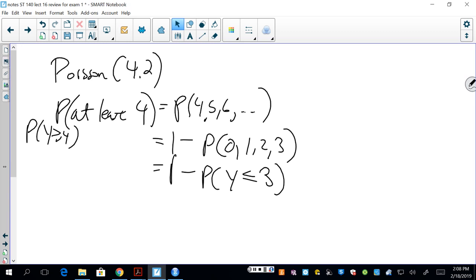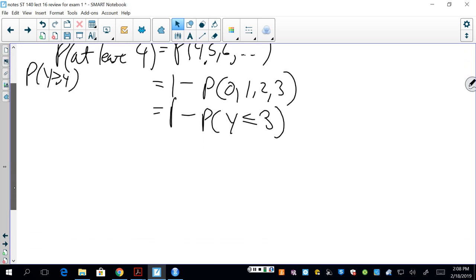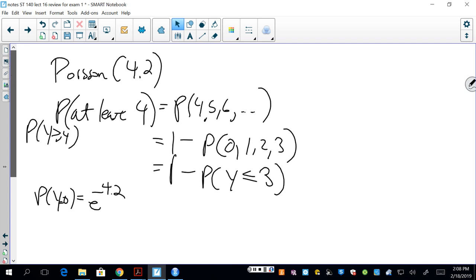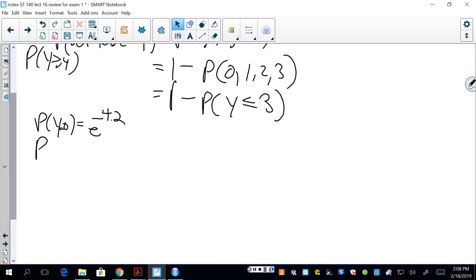So, in Poisson probabilities, I might not ask you that many, but to make this a study question, right? So the probability that y is 0 is e to the negative 4.2, because it's a 4.2 rate in here. And each time you add 1, you get a rate out front, e to the negative 4.2, and you divide by that number.